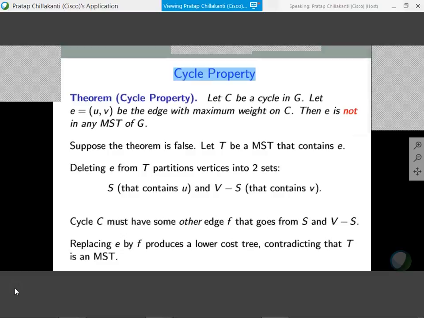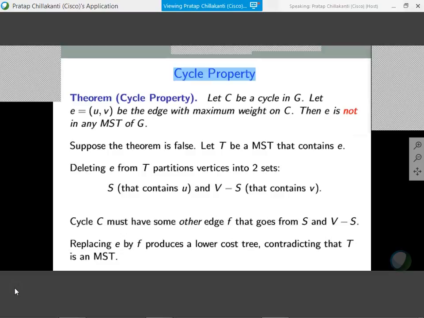Let's assume that there is a cycle C in G. If I draw a triangle, the smallest cycle is ABC. Then let E, UV, be the edge with maximum weight on C. If that is the maximum weight, then what we are saying is that the edge is not in any MST of G.